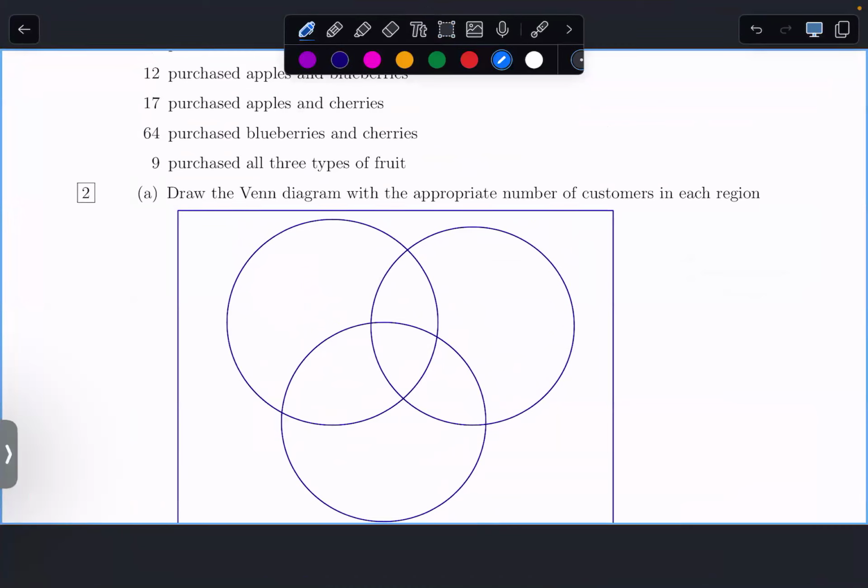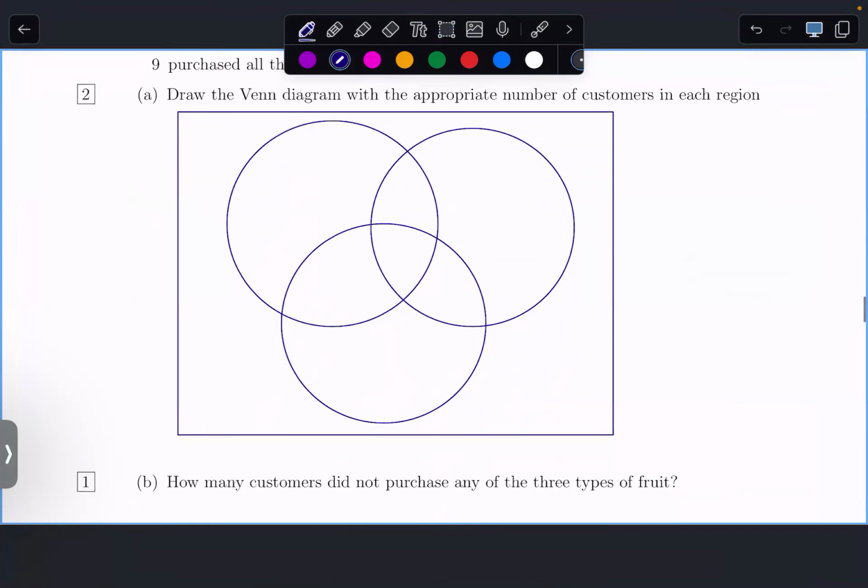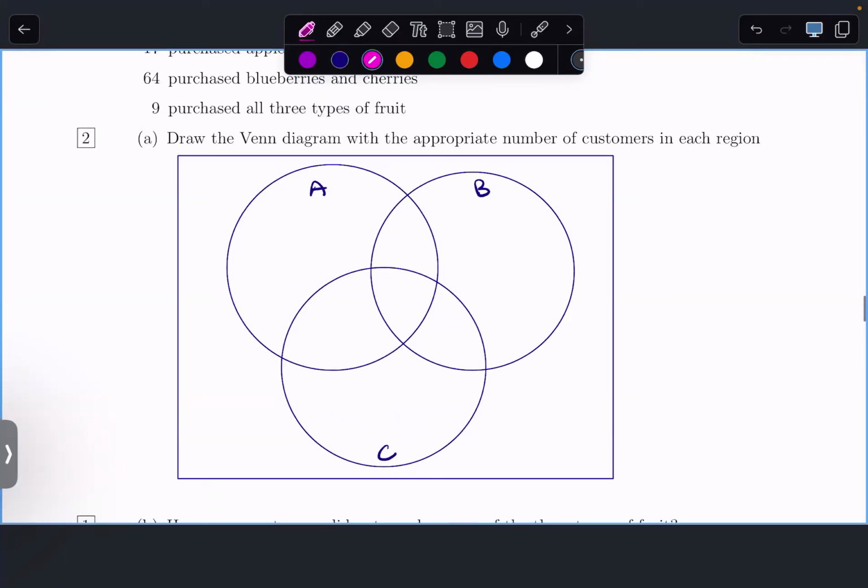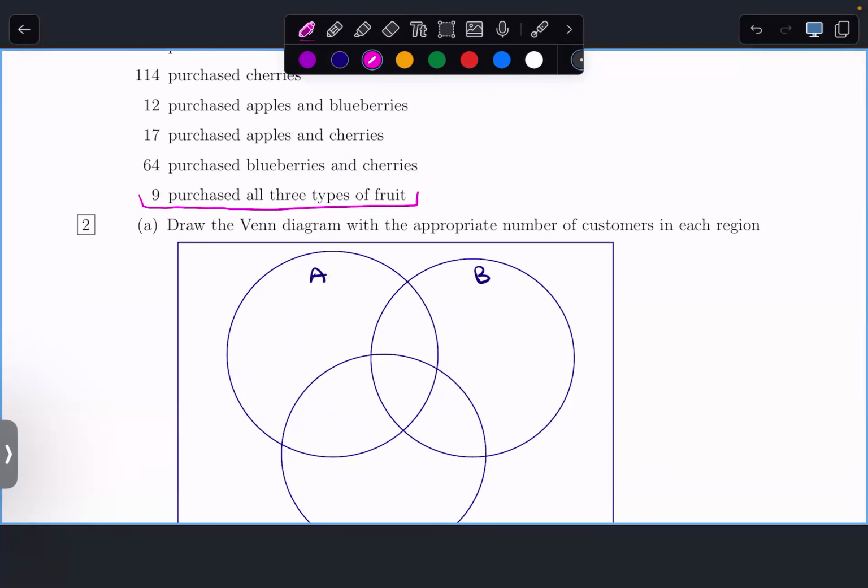Like I said, so we'll label these. I think the most natural labeling will be A, B, C. But you'll just need to rotate it visually if you didn't use that labeling. There. So like I said, the first thing you want to do is start here with the 9.